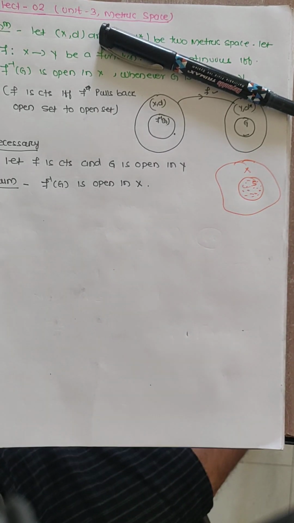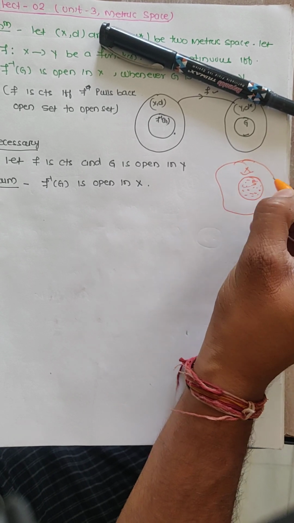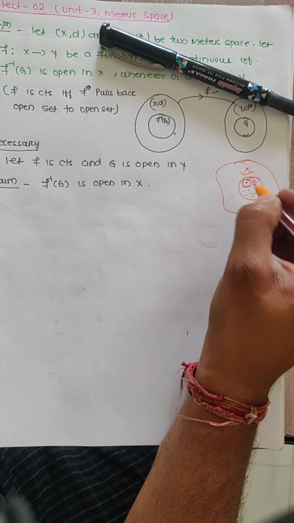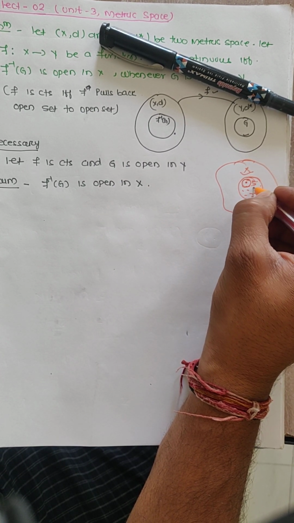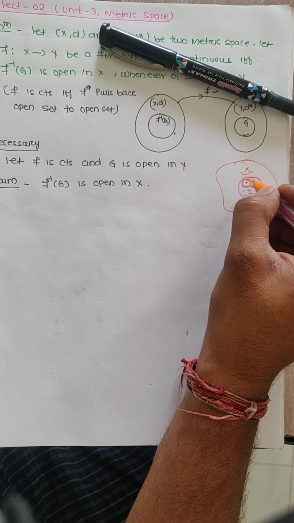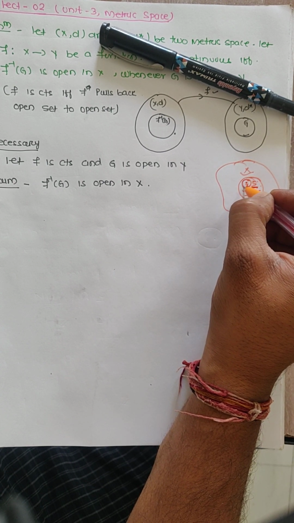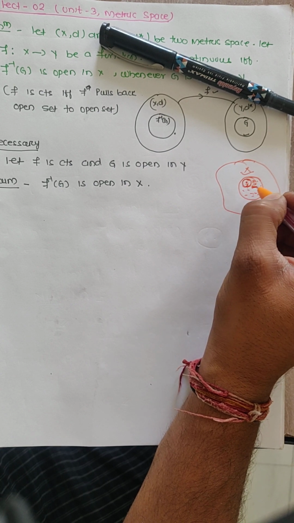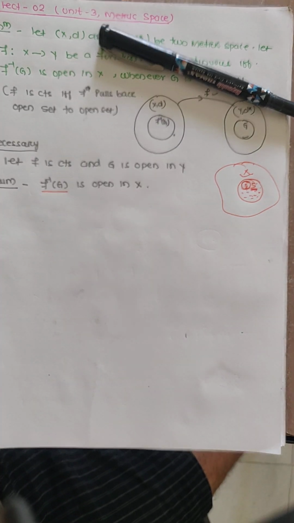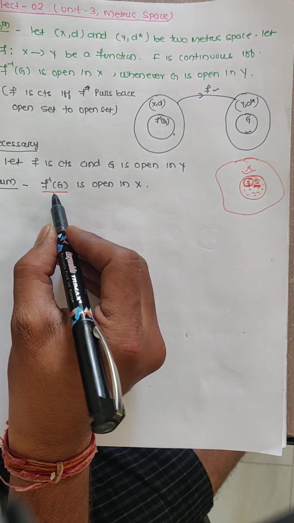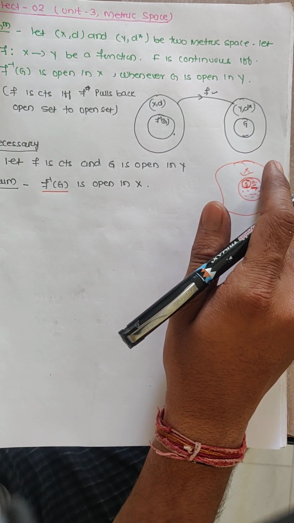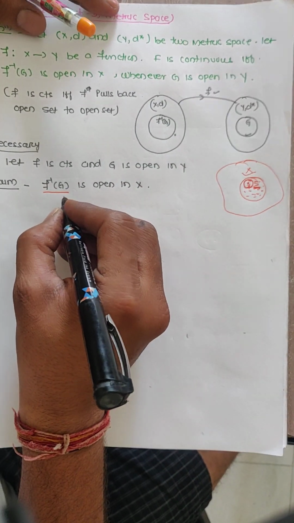To show S is an open set in X, we take an arbitrary point and we find a neighborhood of that point such that the neighborhood lies in S. So we take an arbitrary point x belonging to S, and find a neighborhood of x contained in S. So to prove f inverse of G is open, I will take any point from f inverse of G and find a neighborhood of that point such that the neighborhood lies in f inverse of G.